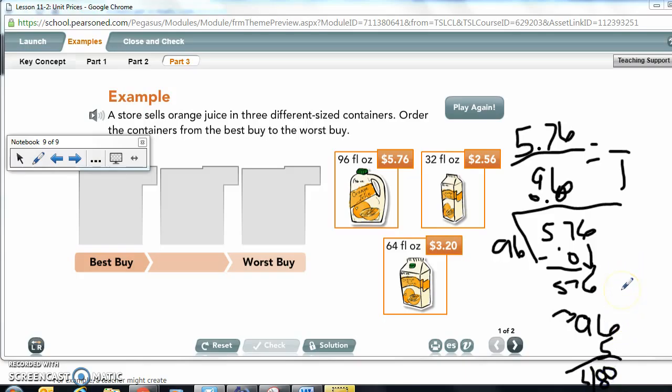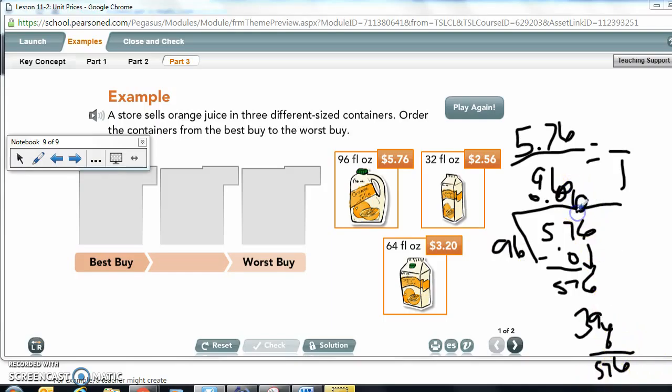So let's try 96 times 6. Well, I know that 6 times 6 is 36, so I'm going to carry my 3. 9 times 6, using my fingers, is 54, plus 3 will be 57. Well, look, that's what we're looking for. So 96 goes into 576 6 times.